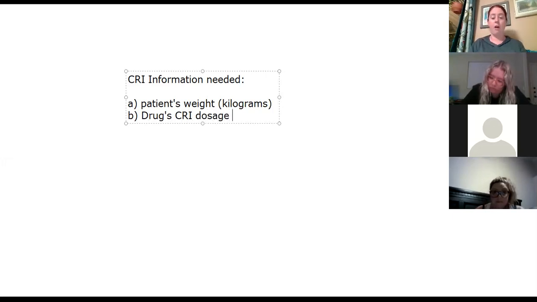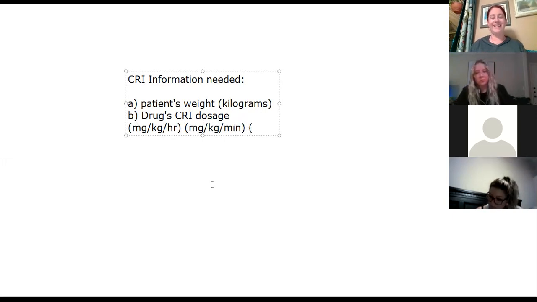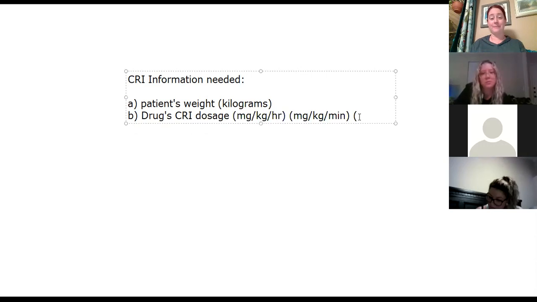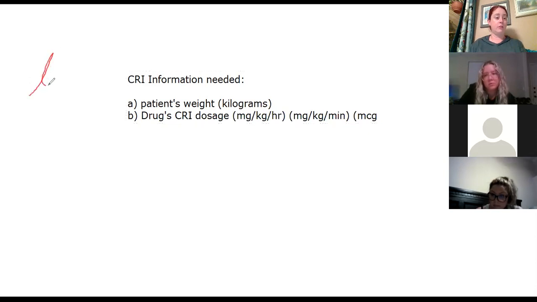And this is going to often show up to us in mgs per kg per hour. Could also be in mgs per kg per minute. Could also be in micrograms. Micrograms or MCG also might show up as appearing like UG, where it looks like a U, it's the mu.